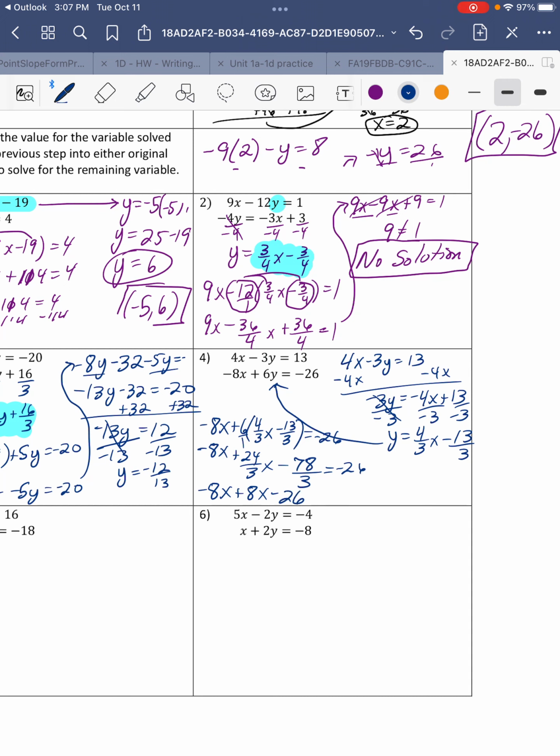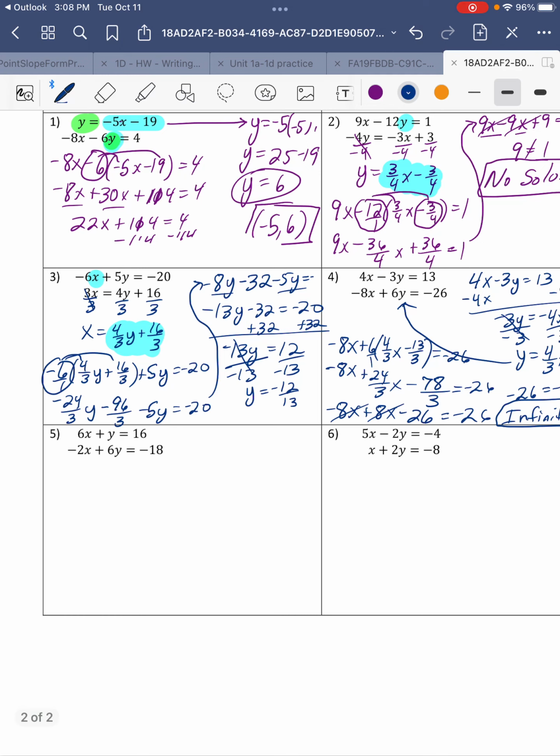Negative 8x plus 8x is 0x. We're left with a negative 26 equals negative 26. You can add 26 to both sides, then it'll be 0 equals 0, which is true. It's always true. So this actually ends up being infinite solutions. And that would be what you would write for the solution, that any coordinate.